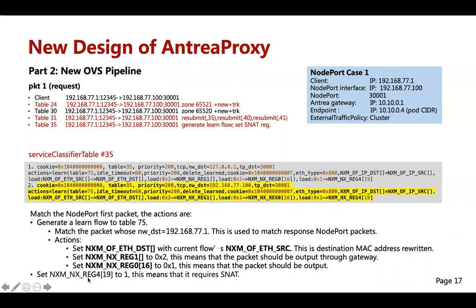Another action is important. This means that this packet requires SNAT. If the external traffic policy is local, this one is to be set.